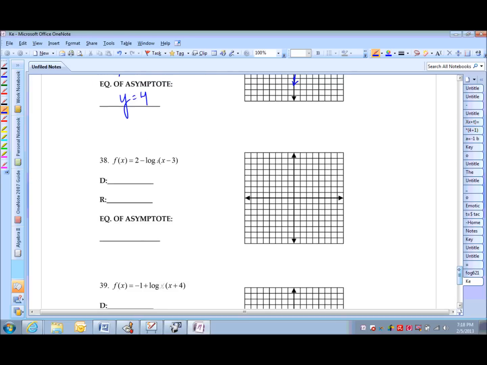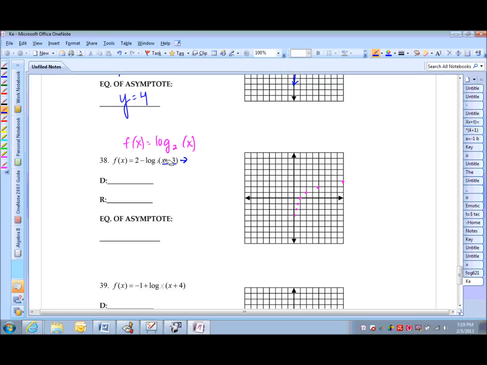Okay, 38. The parent function we're dealing with here is f of x equals log base 2 of x. So we plot those points. And then we need to look at our transformations. We look left, right first.